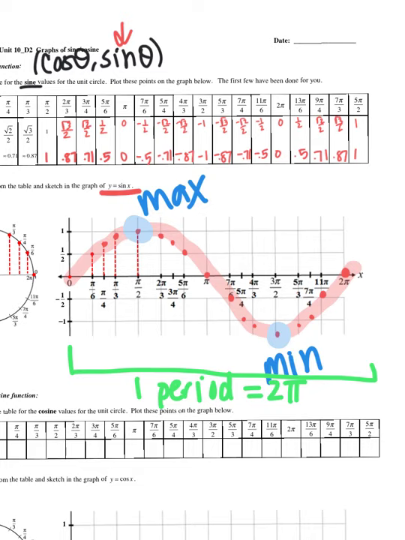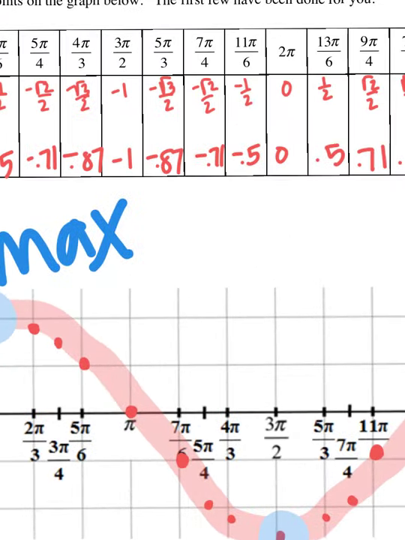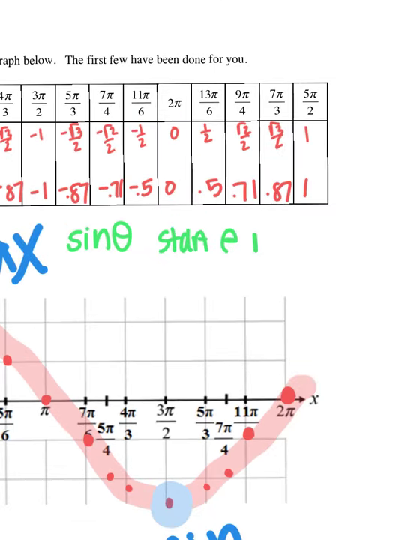And how we know where we are going to start and stop that cycle, every single sine graph will always start on the midline, and we'll label that in a moment. So sine will start at midline.